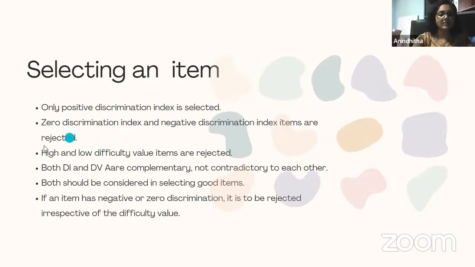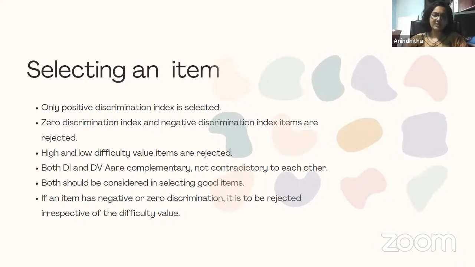Very high and very low difficulty values are obviously rejected. We already talked about this. A high difficulty value implies that majority of your sample is unable to answer. So it doesn't make sense to include this item, because if only 1 or 2 people in your entire sample of 20 are able to answer, it doesn't make sense to include this particular item.